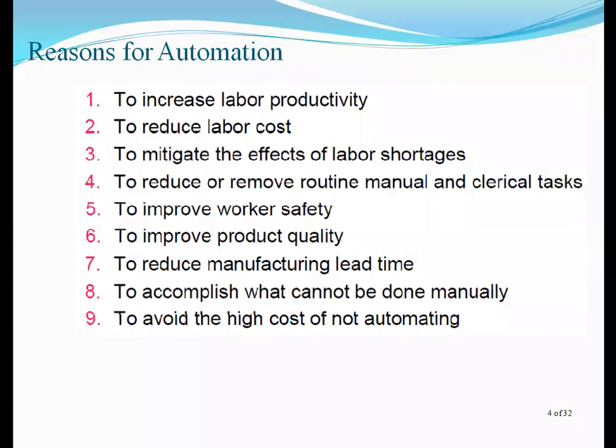We studied the reasons for automation in module number 1: to increase labor productivity, to reduce labor cost, to reduce manufacturing lead time, to improve product quality, and to increase worker safety. If there is a hazardous atmosphere in the working place where humans cannot reach and do the operations, there you can use machines or robots through automation. So these are the main reasons for automation or flexible manufacturing system.